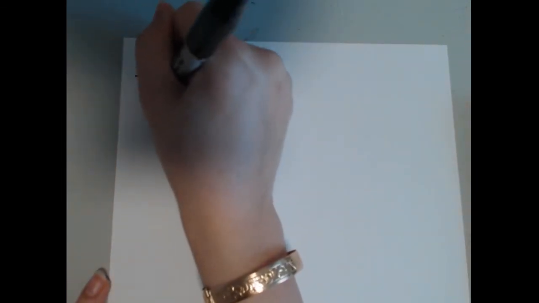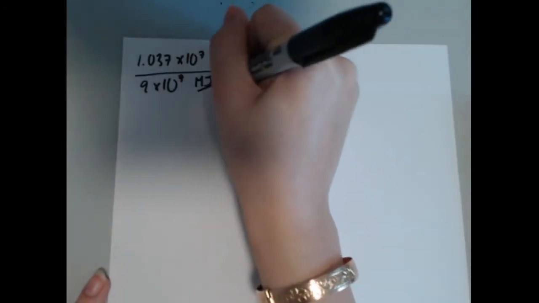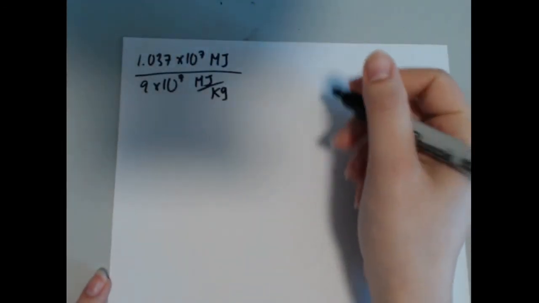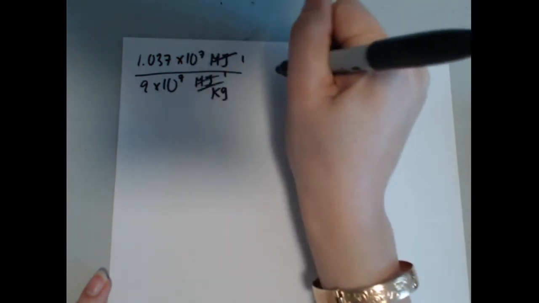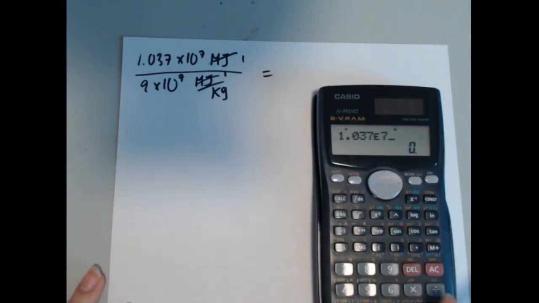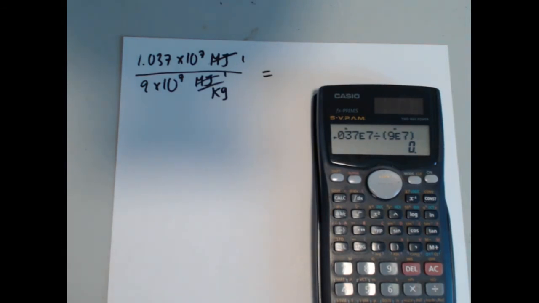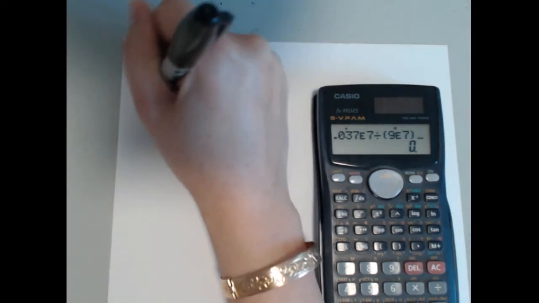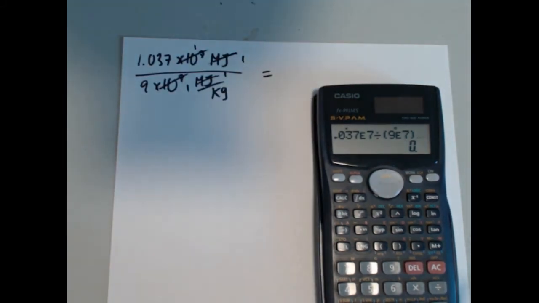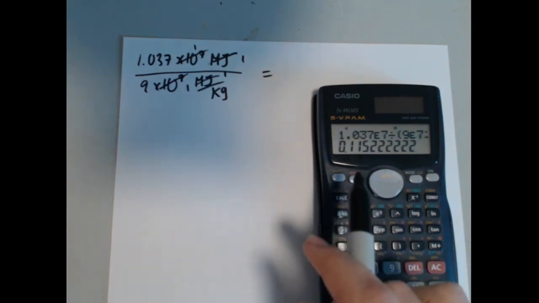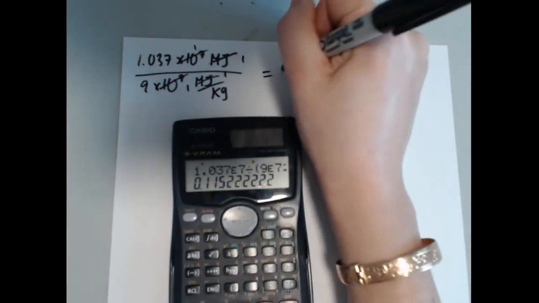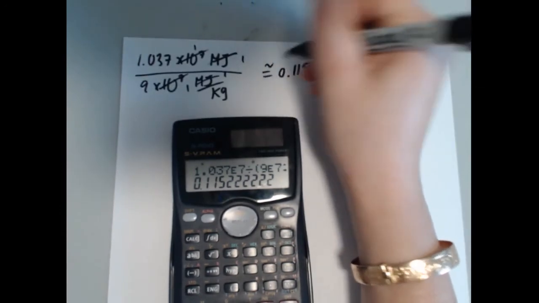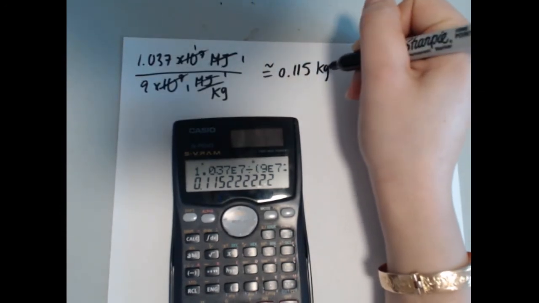That's 9 times 10 to the 7 megajoules per kilogram. So the megajoules are going to cancel and I'm going to be left with kilograms. So 1.037 times 10 to the 7 divided by 9 times 10 to the 7. Those of you that are keen in math probably noticed that I have 10 to the 7 on top and 10 to the 7 on the bottom. Those can technically cancel as well. So I really just have to do 1.037 divided by 9, and I'll get the same value. Overall, we get approximately 0.115 kilograms.